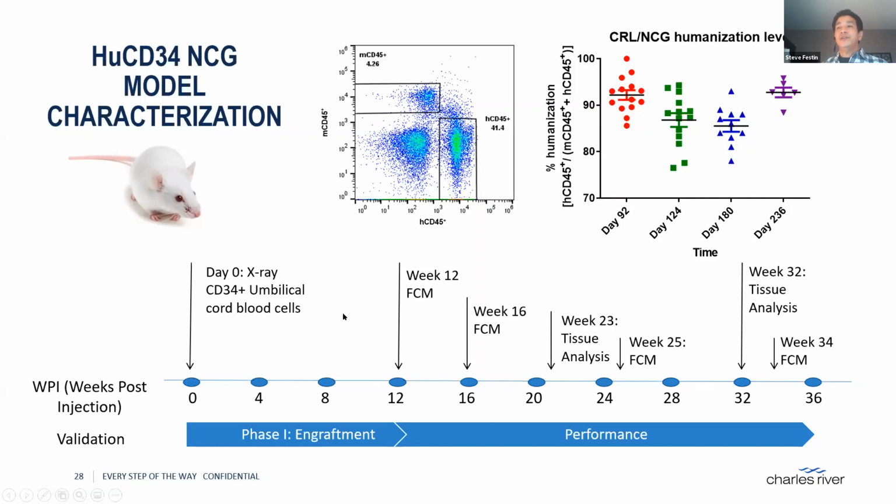In this particular one, we also did flow analysis, so at 12 weeks and 16 weeks we did some tissue analysis. I'll show that data. Then out to 25 weeks we also did flow, and close to the end of the study we again looked at the distribution of the human immune cells, as well as in the circulation.